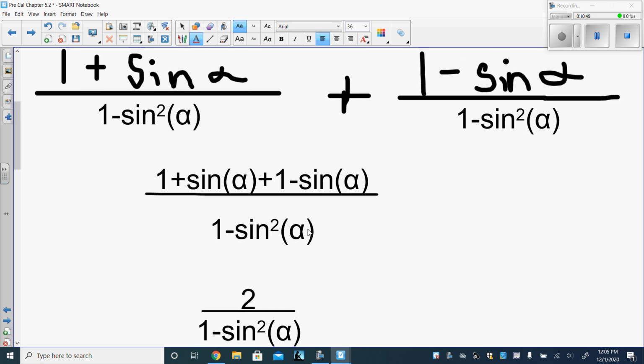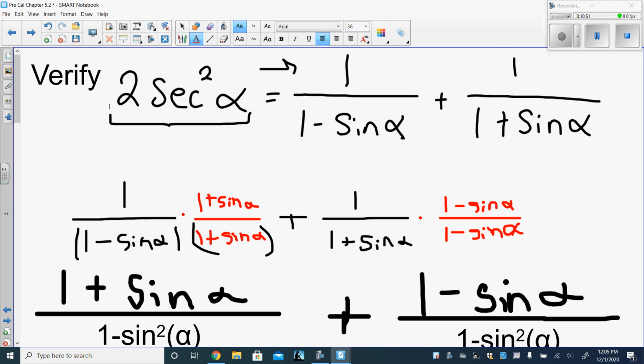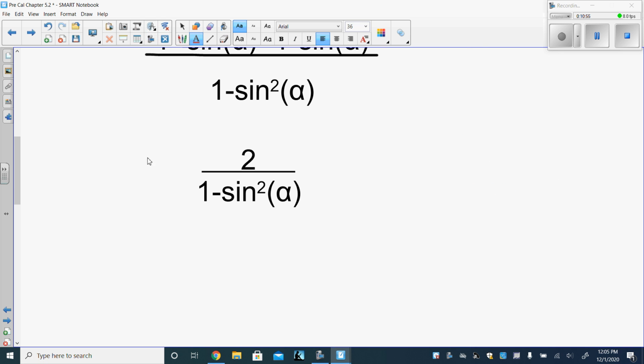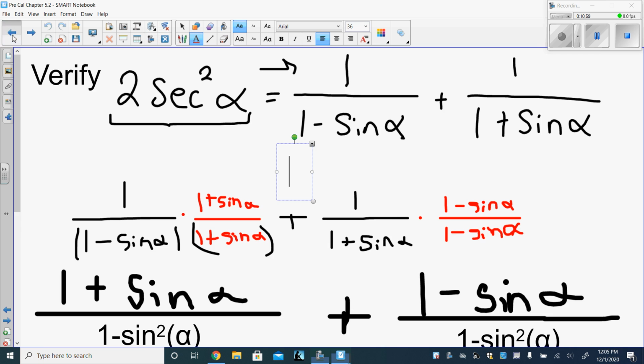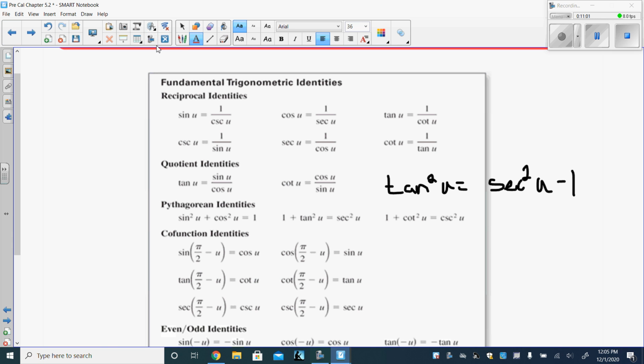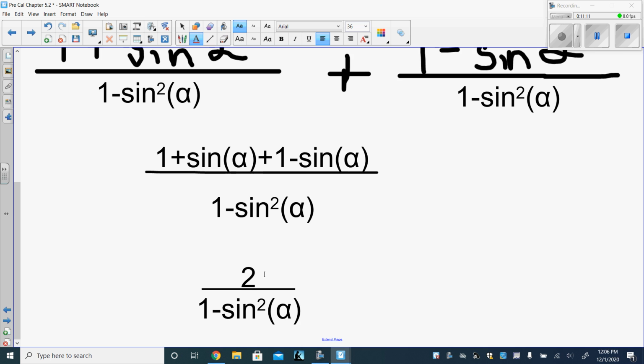Okay, now we're closer to what we want. Now what I want is 2 times secant squared of alpha. Okay, now we're going to go back to our reference sheet. Secant squared is what we want, or secant. Well, secant is 1 over cosine. So I look at this here.